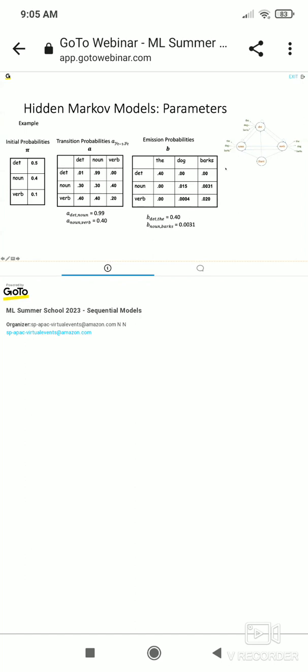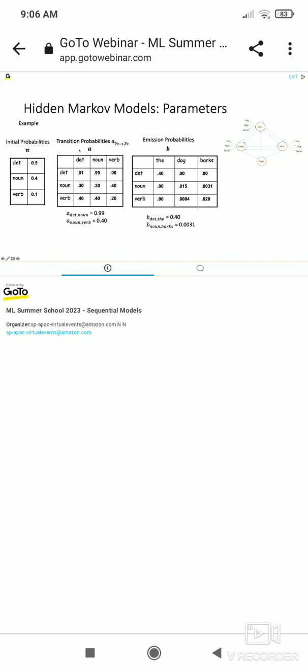In the start state, we can visit any of the three states, determiner, noun, or verb. So the initial transition probability is captured by the initial probabilities, which are denoted as pi. And after reaching any of these states, we can transition to another state, noun or verb.